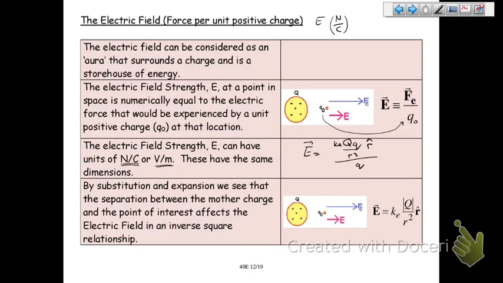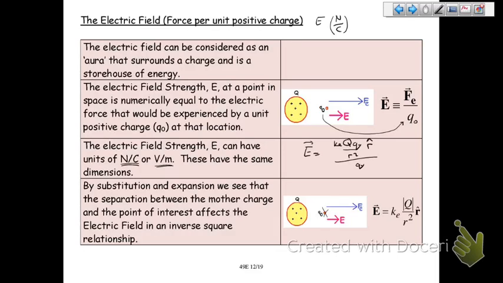I'll call them Q naught and Q naught, just to keep my math the same. Clearly, this naught is an optional symbol; sometimes they use it, sometimes they don't. That gets me to E equals KE big Q over R squared times the unit vector pointing in the right direction. Notice, the little charge is not included. You don't need the little charge to establish the electric field. The electric field is established by the big charge.